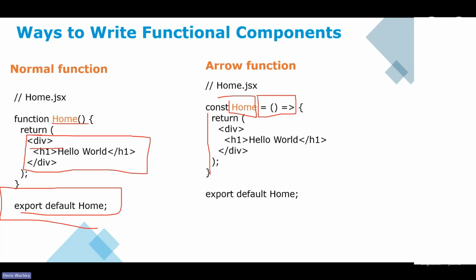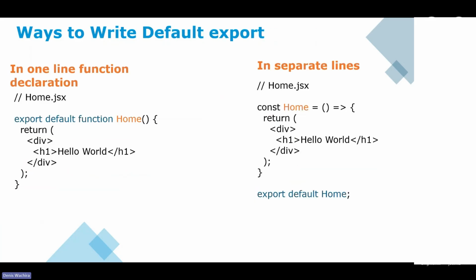Then you want to return that function. Then if you want to export that function as a default, we use the export keyword. Then the same case, how to write a function in one line. So it is the same here. We use the export default keyword instead of coming here and exporting that function.